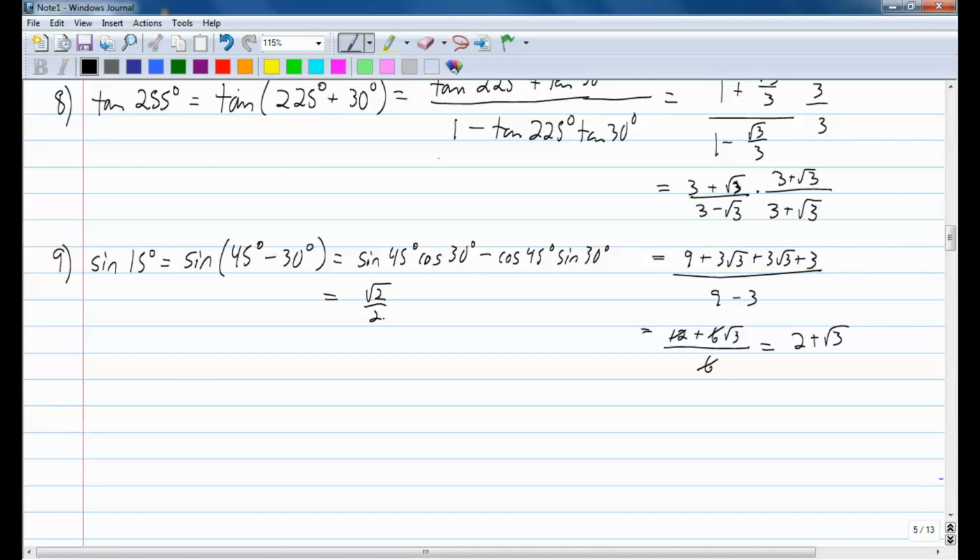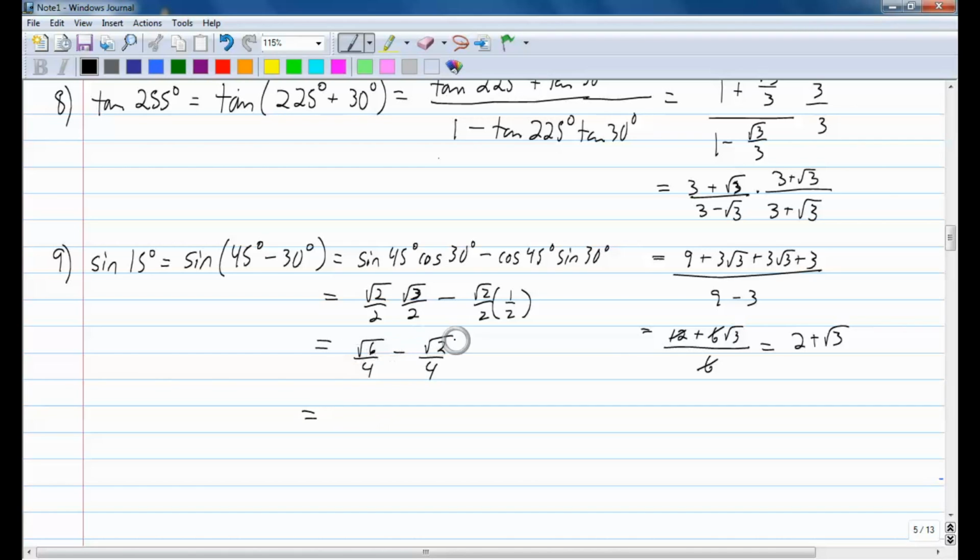So it's going to be square root of 2 over 2 times square root of 3 over 2 minus square root of 2 over 2 times 1/2. So that's going to be square root of 6 over 4 minus square root of 2 over 4.